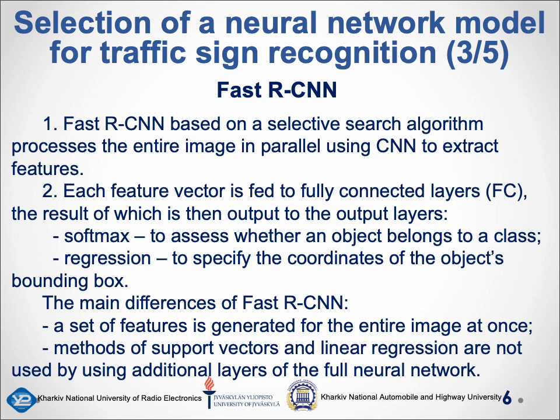Softmax to assess whether an object belongs to a class. Regression to specify the coordinates of the object bounding box. The main difference of Fast RCNN is that a set of features is generated for every image at once, and methods of support vectors and linear regression are not used, by using additional layers of the full neural network.